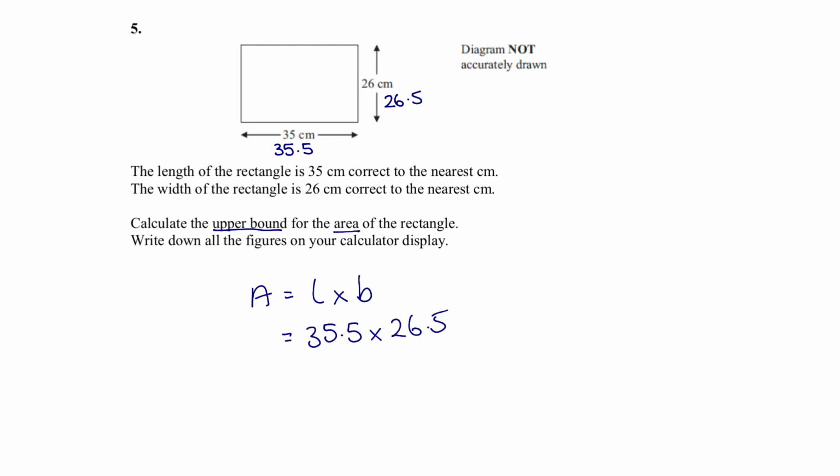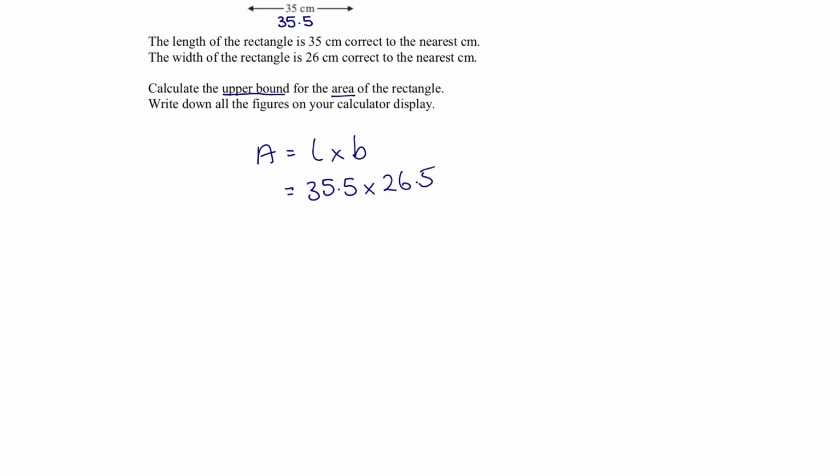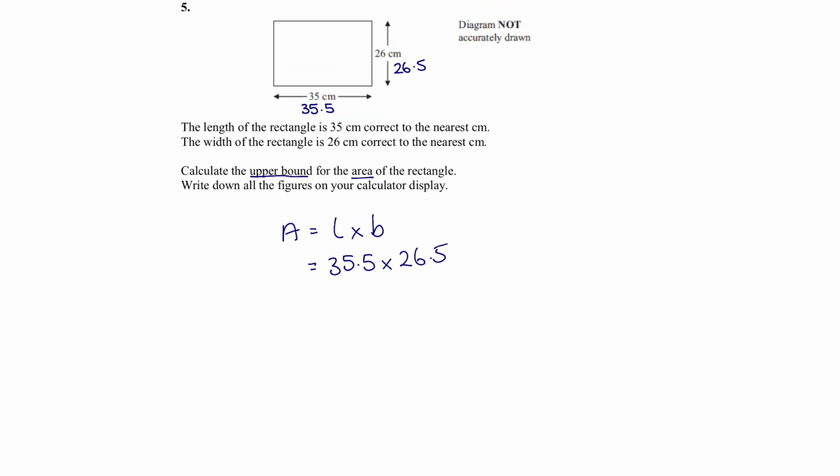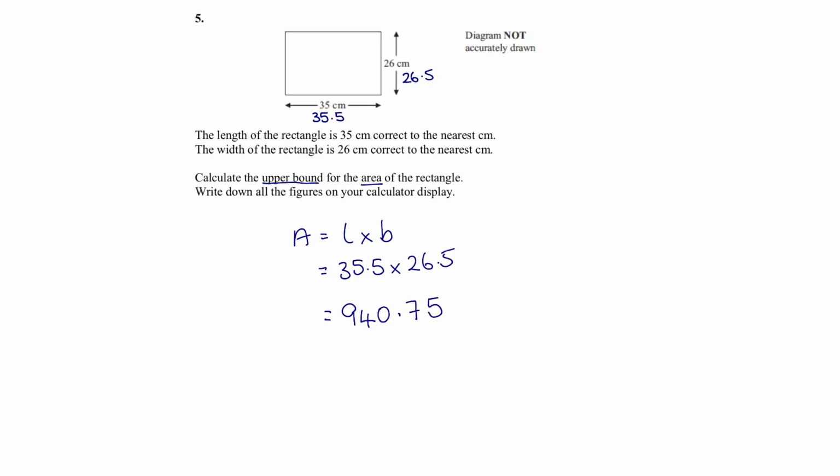So we'll just do that. 35.5 times 26.5 is 940.75. Okay. And we need our units on here. So that would be square centimetres.